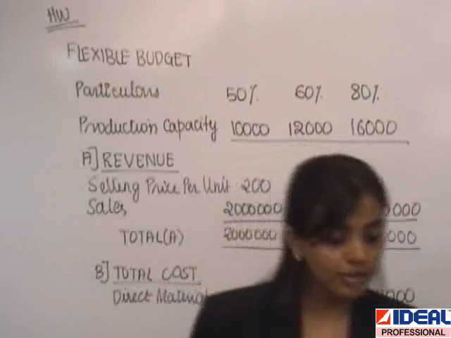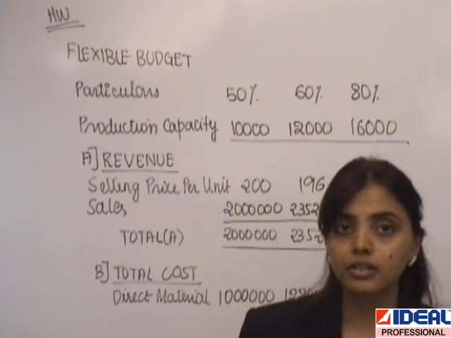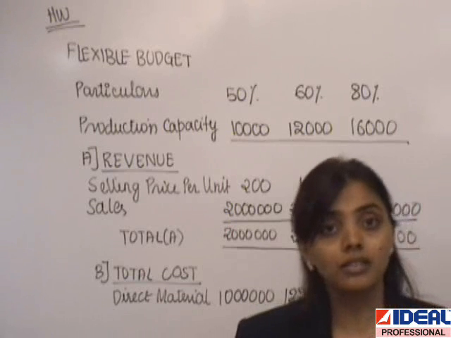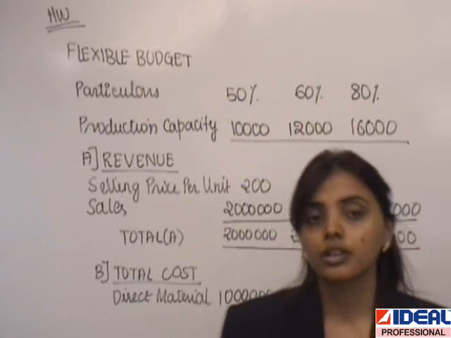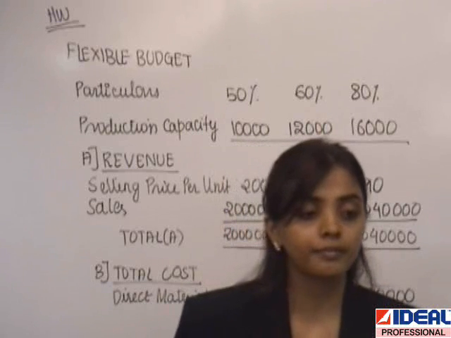Then second cost is direct labor, which is 30 per unit, and there is no additional information which gives you that there is change in direct labor cost when the capacity utilization changes. Is there any information, students?